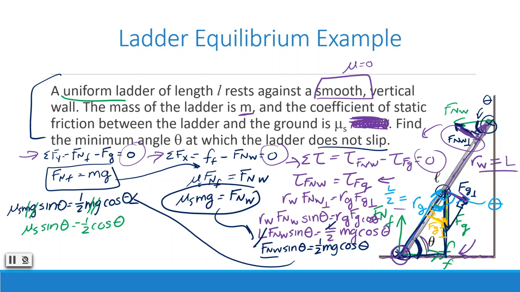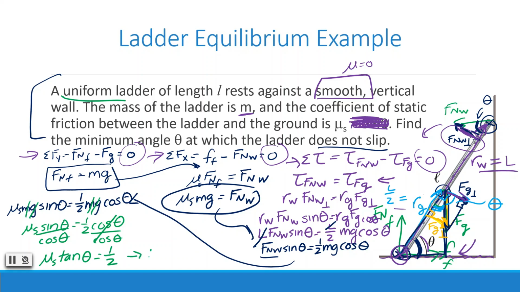I'm looking for theta, so I need to get those on the same side. I like using tangent, so I'm going to divide cosine theta on both sides. So this gives me mu s times tan theta, since sine theta over cosine theta is tan theta, and that's going to equal 1/2.